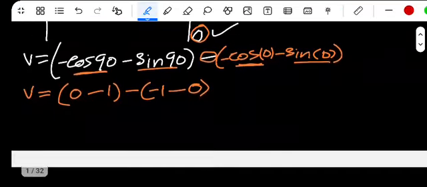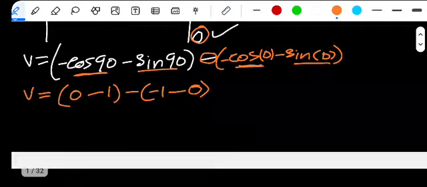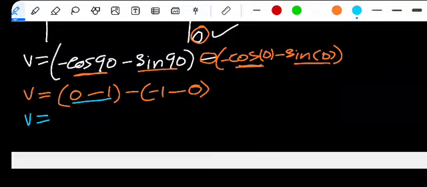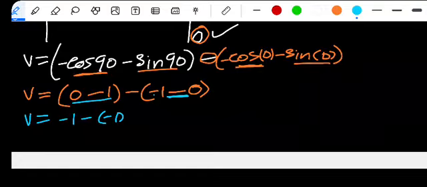So we have 0. What now? What will be the value of v now? We have 0 minus 1, which simply equals -1. Then here we have -1 minus 0, which simply equals -1. Either way, there is no effect.